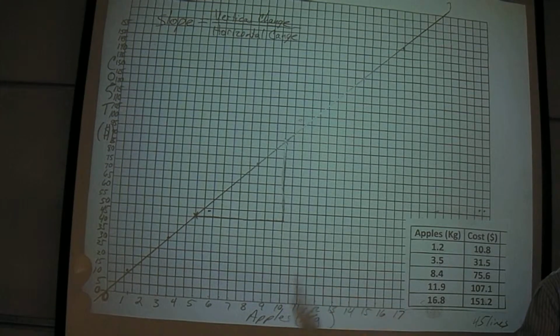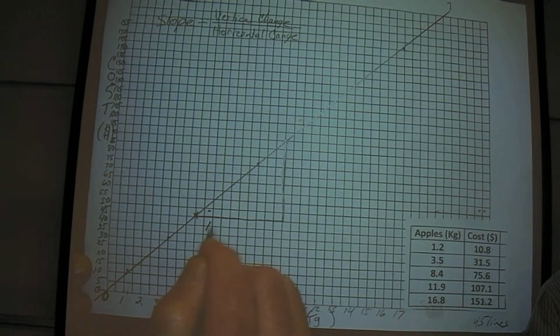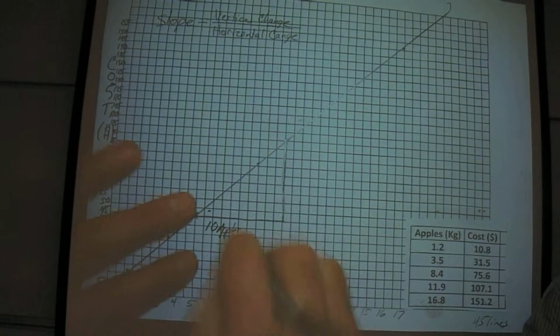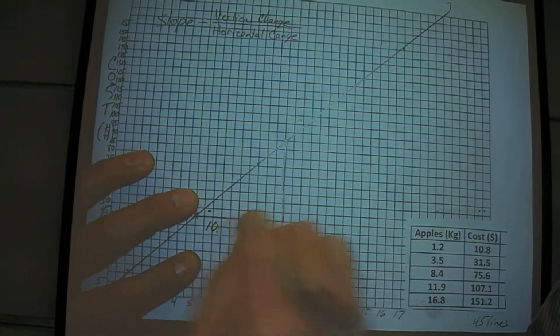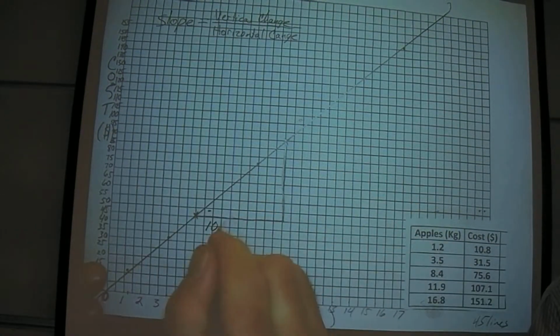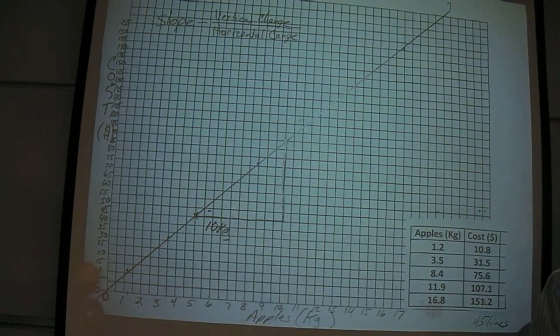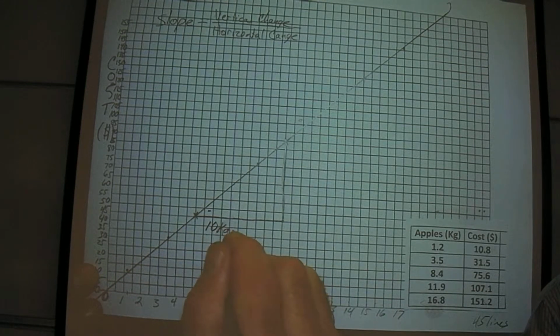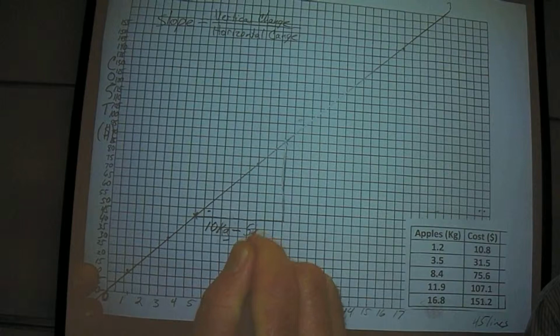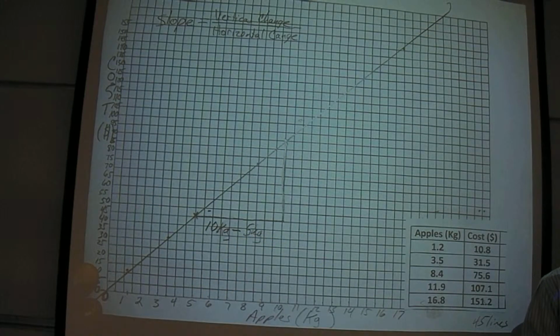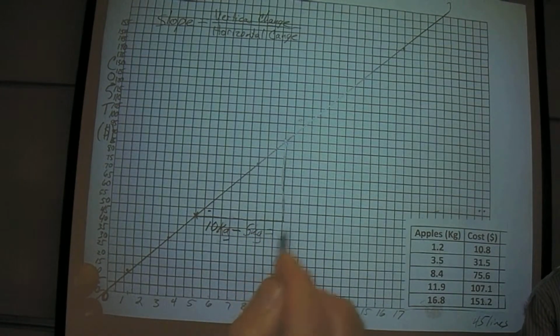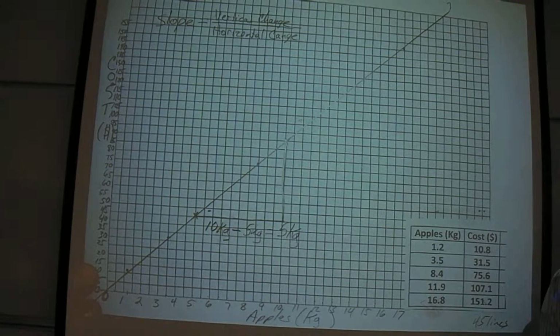In this case, that is 10 kilograms. And I want to subtract my initial number from it, which was 5 kilograms. And the difference of those 2 numbers is 5 kilograms for my horizontal change.